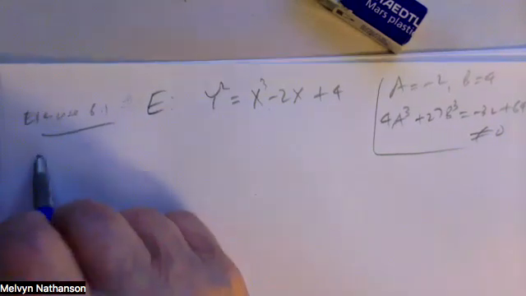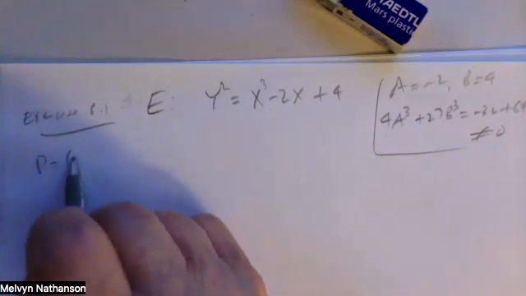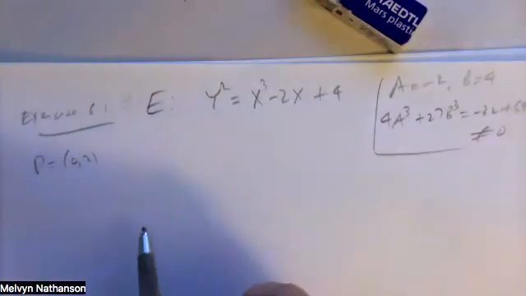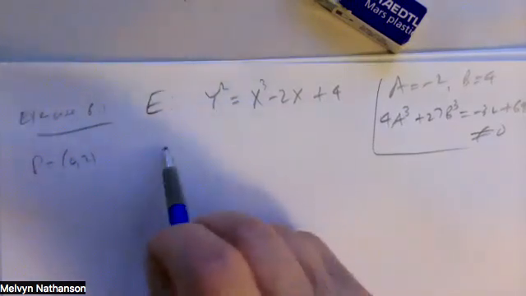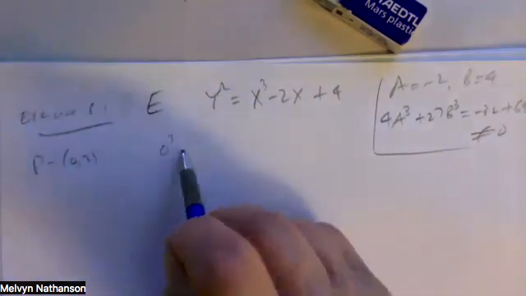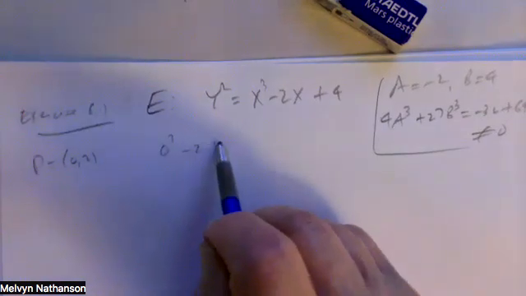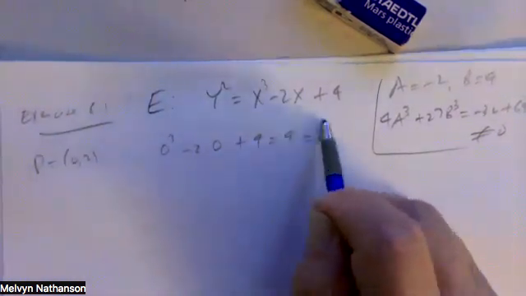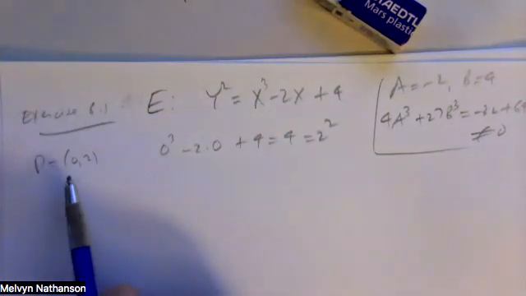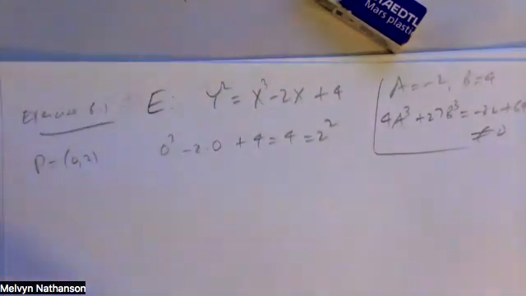And one point on the curve is the point (0, 2), because with x equals 0, 0 cubed minus 2 times 0 plus 4 is 4, which is 2 squared. So x equals 0, y equals 2 works.